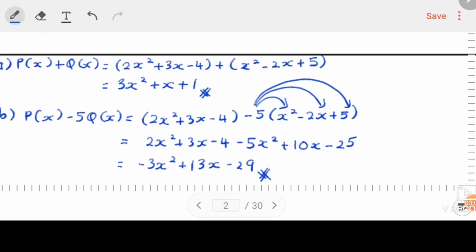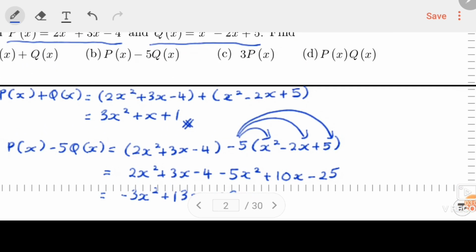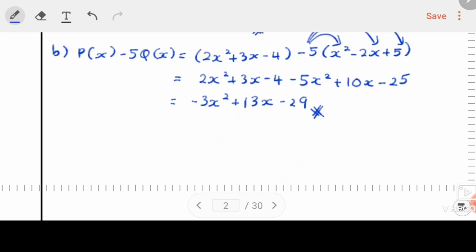Then for part D, we have to multiply P(x) and Q(x). So copy down the question. Again, first we have to substitute P(x) and Q(x) into the expression.